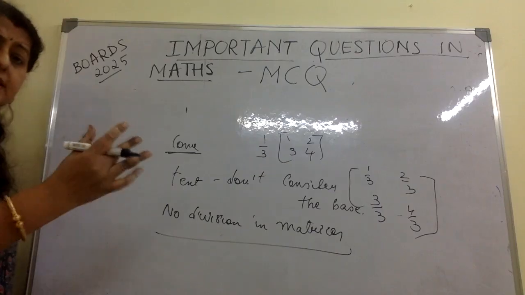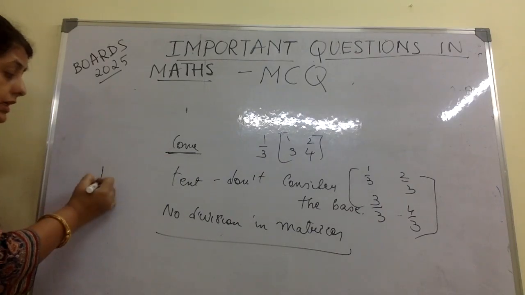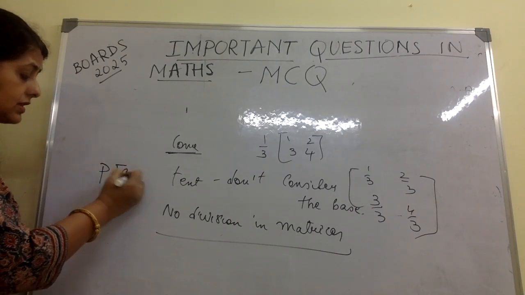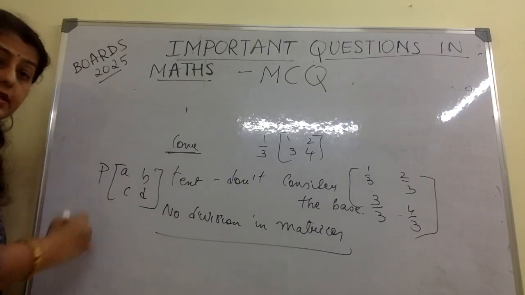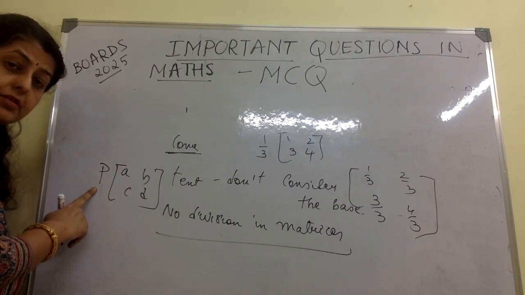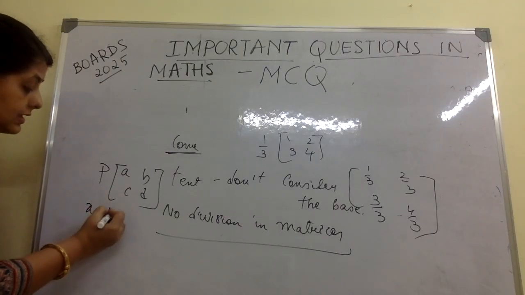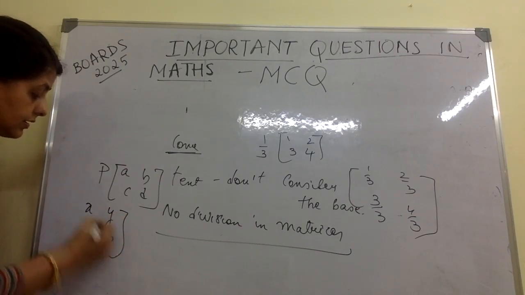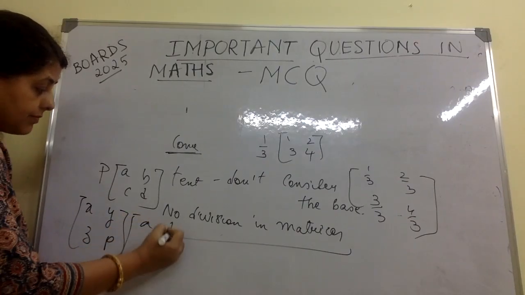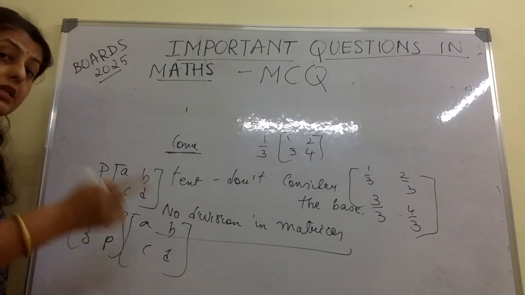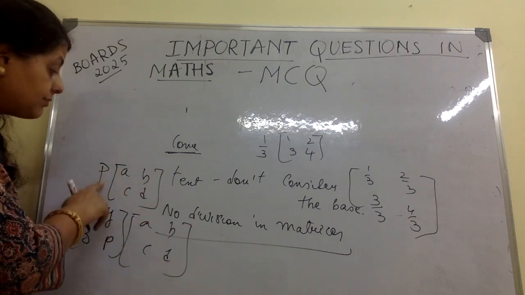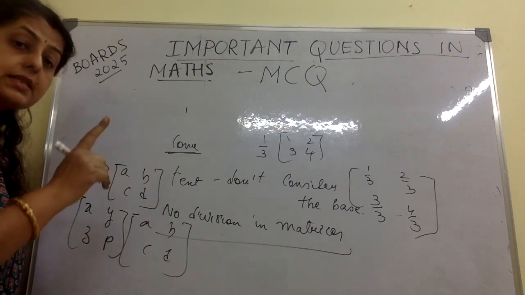Sometimes in some questions they'll say P is multiplied with some ABCD matrix. Don't consider P to be a matrix unless they tell you. If they tell you, then you take X, Y, Z, P something, and then A, B, C, D. That is a different thing. But if they are not mentioning it, they just say P multiplied with this, that means it is a scalar.